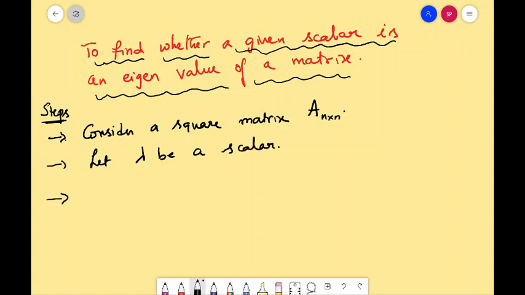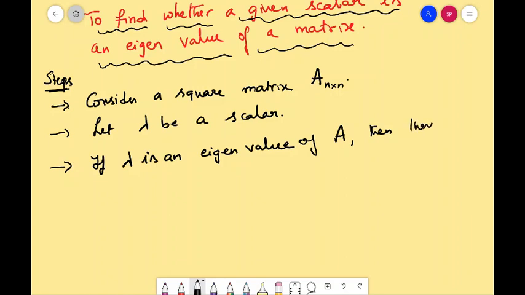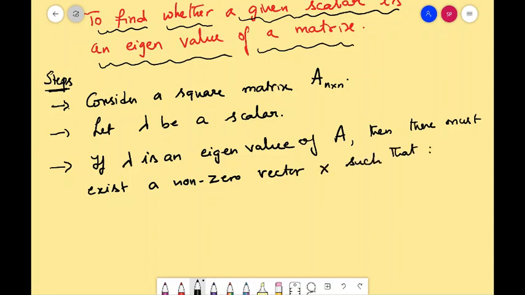Then if lambda is an eigenvalue of A, there must exist a non-zero vector x such that Ax is equal to lambda x.